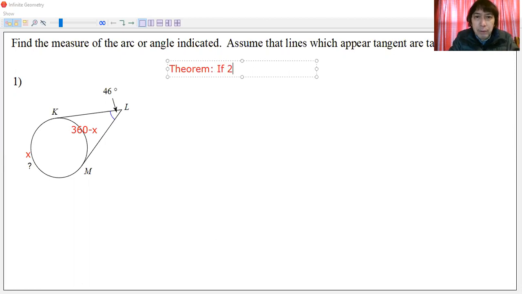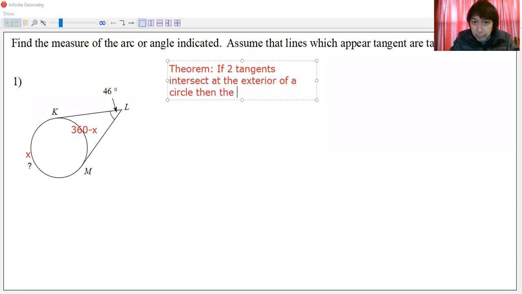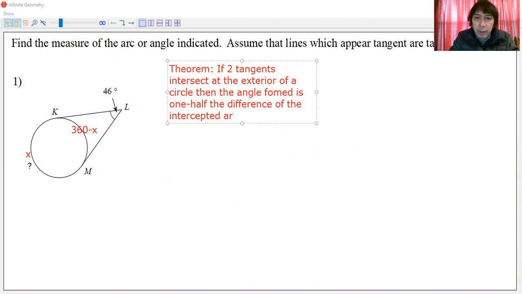If two tangents intersect at the exterior of a circle, then the measure of the angle formed is 1/2 the difference of the intercepted arcs.